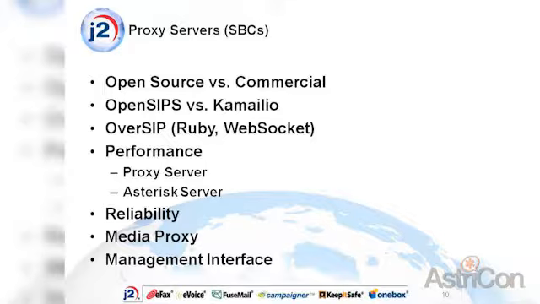OpenSIPS or Kamailio themselves can handle over 1,000 calls per second. That's incredible. And because you don't need to pay licensing fees per channel, it can actually be a stateless proxy server. It doesn't really care how many simultaneous calls you have, and it's lightning fast.